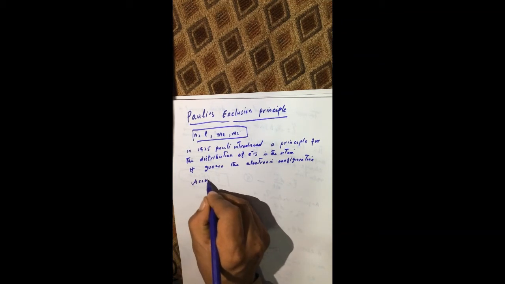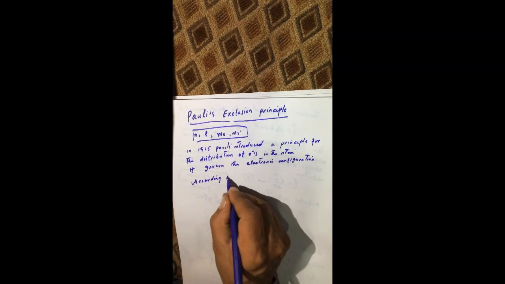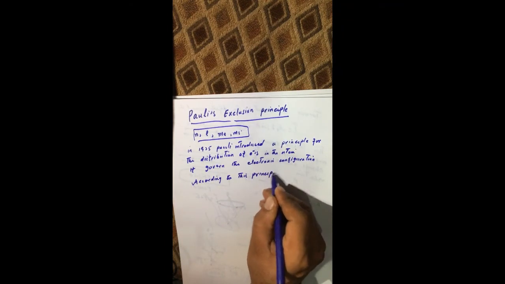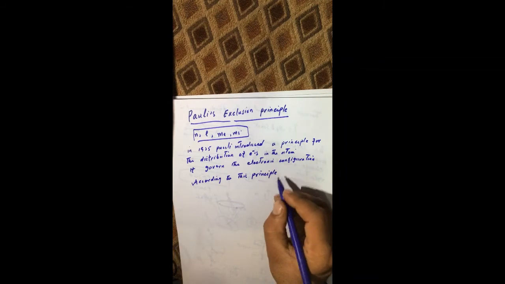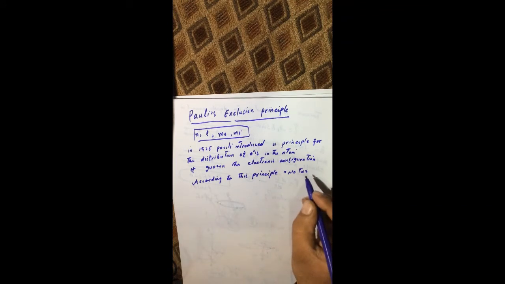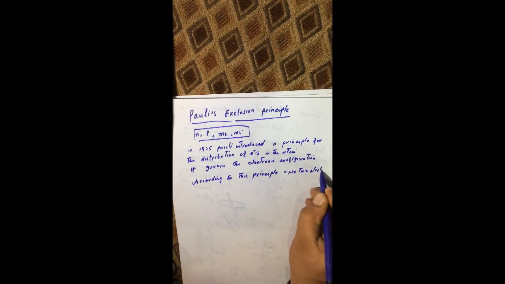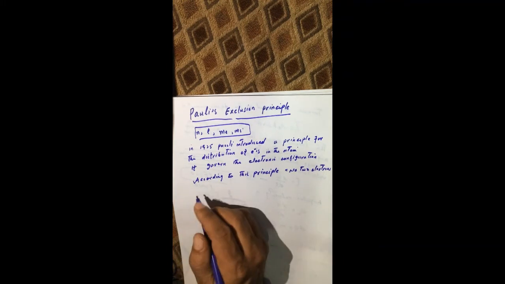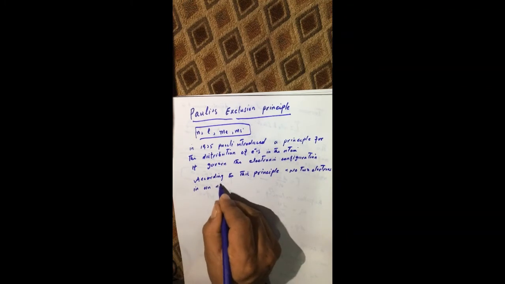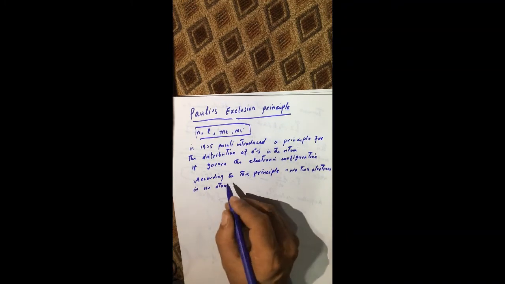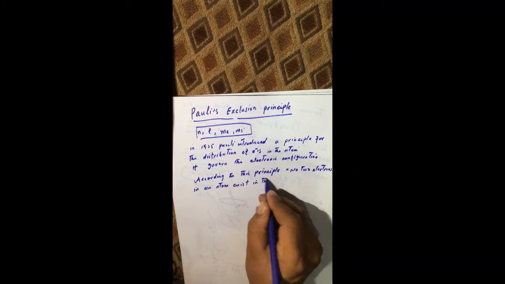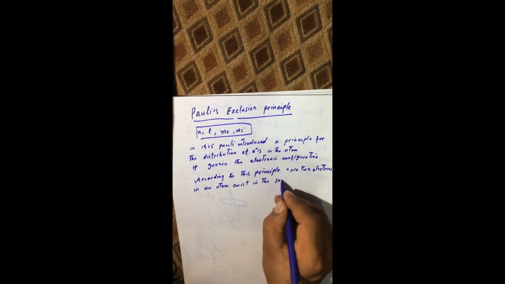According to this principle, no two electrons in an atom exist in the same quantum state.